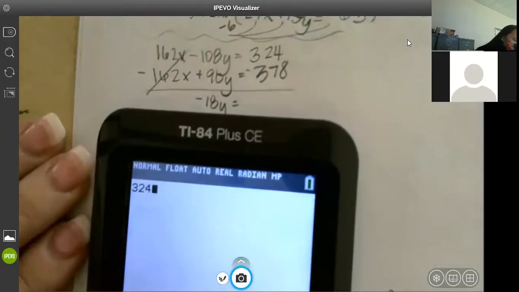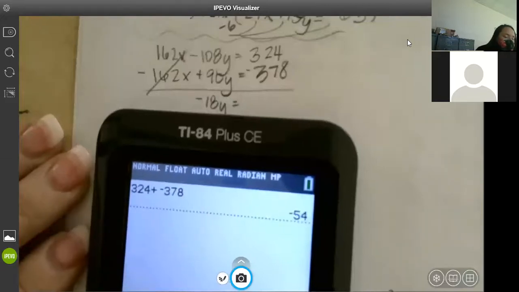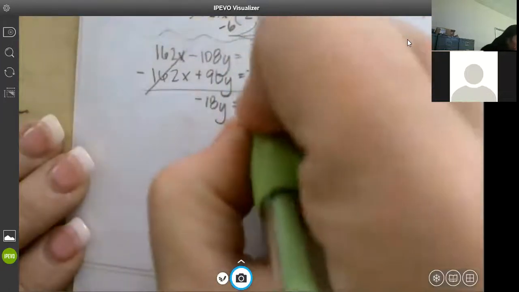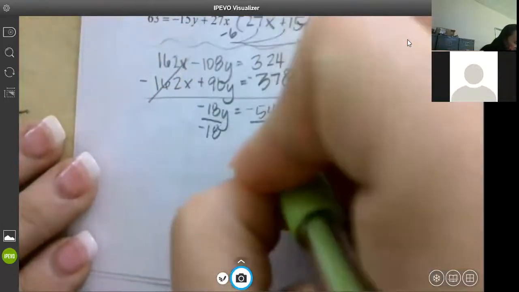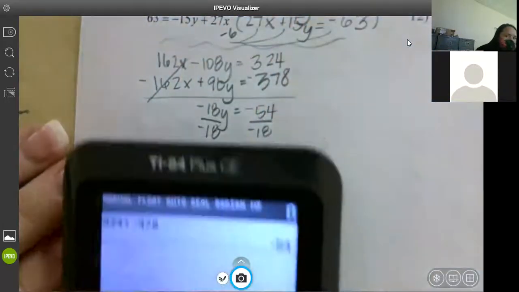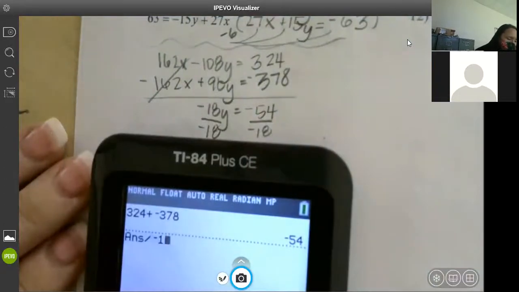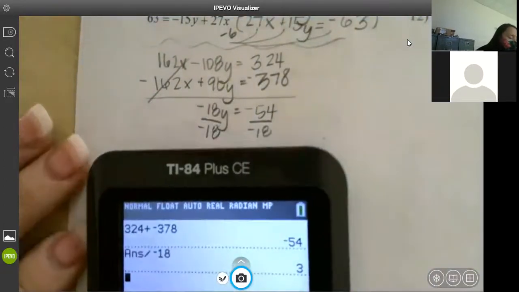And then we have 324 plus -378 gives us -54. To finish solving, we divide by -18. And we get 3.